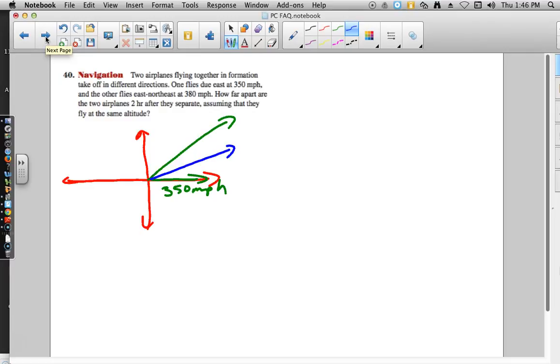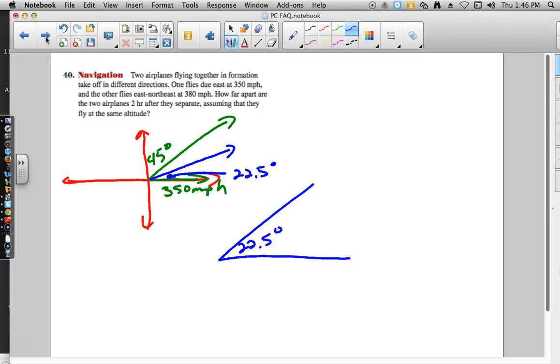So originally, the green angle that I had there was 45 degrees, because that would have been that perfect diagonal through there. But now, this little angle would be cut in half. So that would be 22.5 degrees. So far, we have this, and it says that one's going 380 miles per hour.